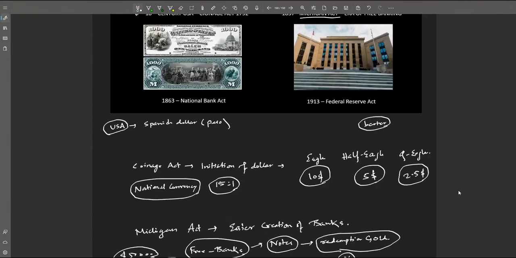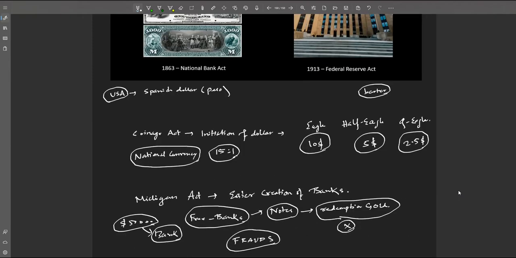This Michigan Act phase, from 1837 to 1863, was called the period of wildcat banking.